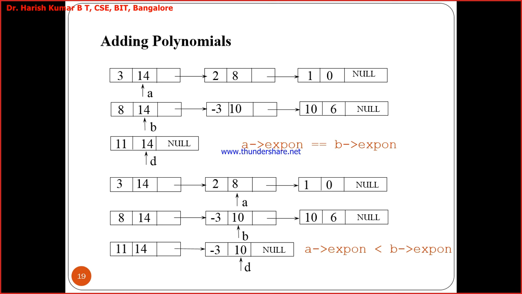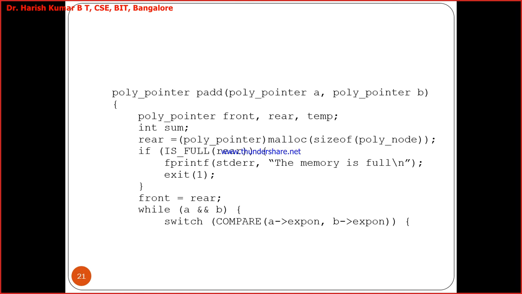Whenever the exponent of polynomial a is lesser than the exponent of polynomial b, compare returns -1. If the first term is lesser than the second term, it always returns -1. Similarly, whenever the first term is bigger than the second term, it always returns a positive number, 1.